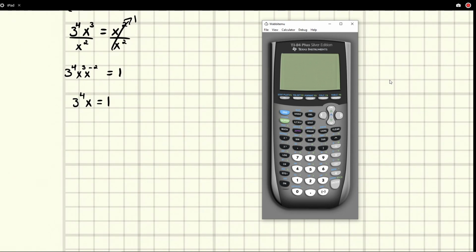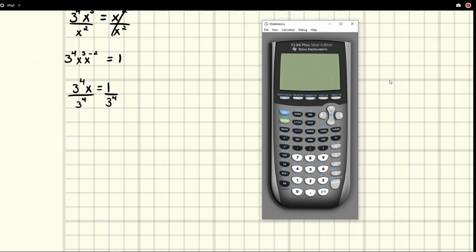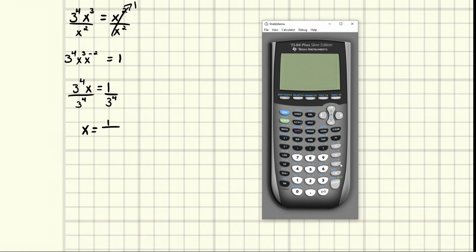Now, looking at this, we can divide out this 3 to the 4th on both sides. You could have evaluated this; it's just another step, and the numbers will have more digits to write. We're going to get x is equal to 1 over whatever 3 to the 4th is. I think 3 to the 4th is 81, if memory serves, because 27 is 3 cubed, times 3 is 81.